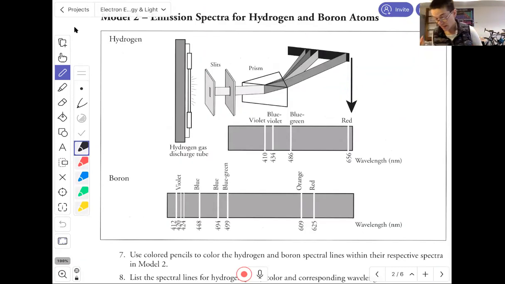Okay, so this is what I'm going to do for you in class on Thursday. But this is basically if you shine, instead of a white light, which is like sunlight or a regular old light bulb, a fluorescent light or something, if you shine what is called a gas discharge tube, otherwise known as a neon light, right?